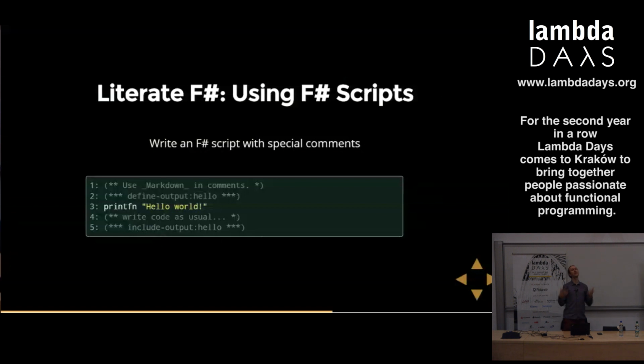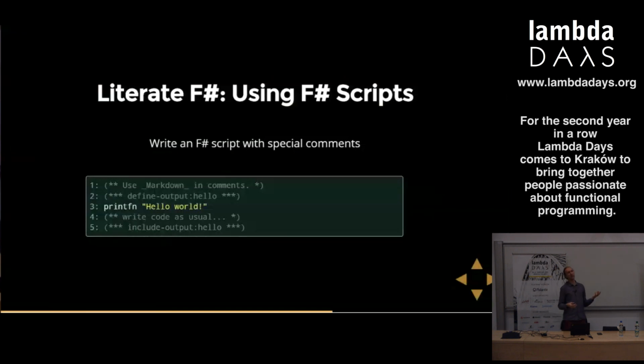If you have two stars, you can put Markdown in the comment and it will be turned into HTML. And then we have a few triple star comments like define-output or include-output that are used for controlling how the evaluation and the formatting works. So this is the mode where your program is valid FSharp code.